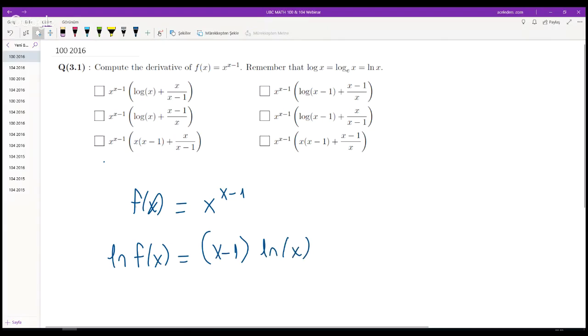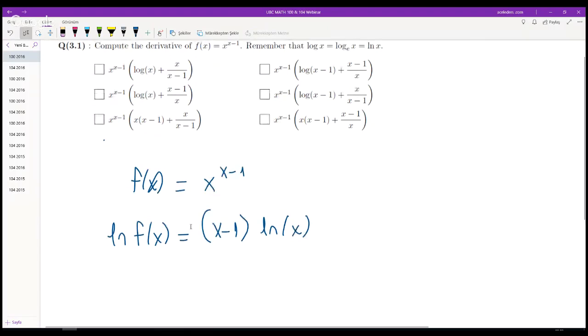To make things easier, I write y instead of f(x). You don't need to, but I think it's a better way to understand what we do. So ln y equals (x minus 1) times ln x.